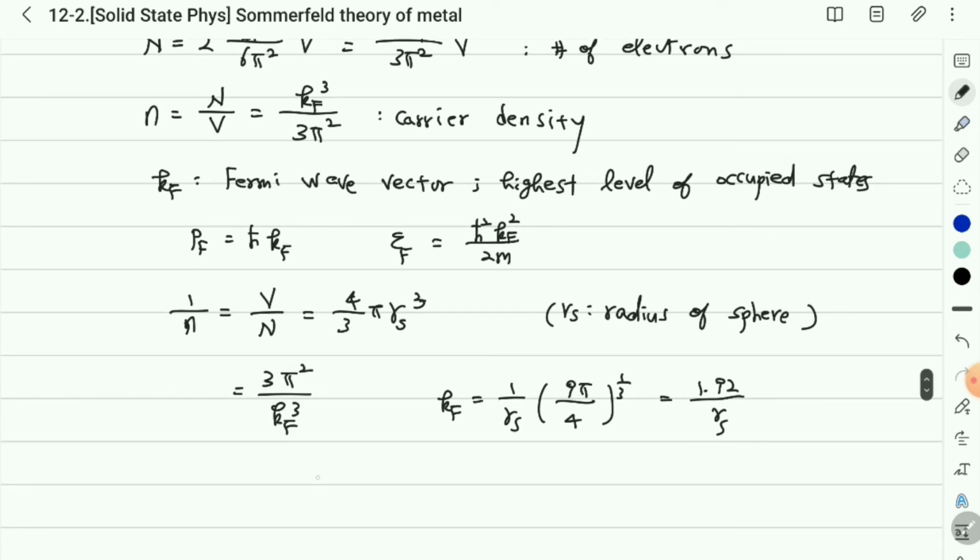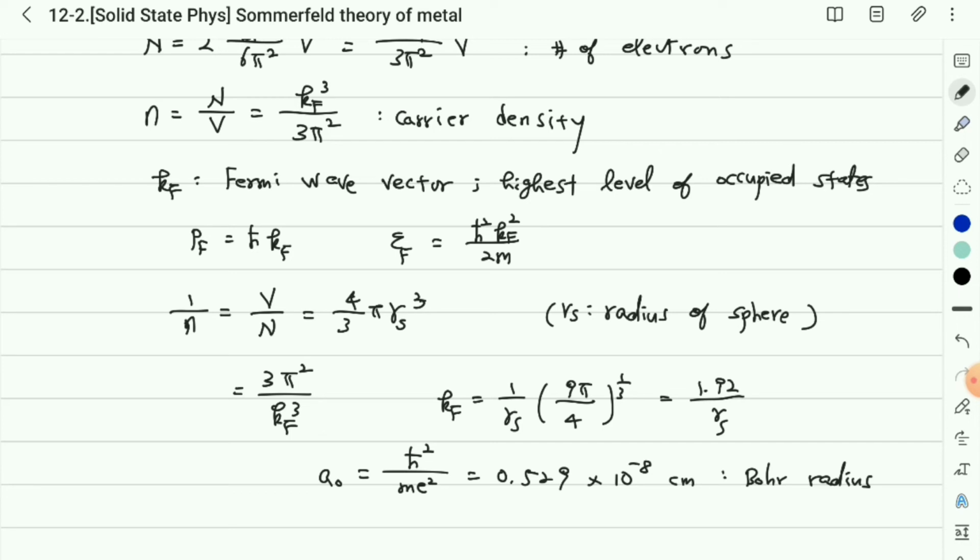Because the Bohr radius can be defined by h bar square over m e square, it is 0.529 times 10 to the minus 8 centimeter. We call it the Bohr radius, the distance in real space in the hydrogen atom.